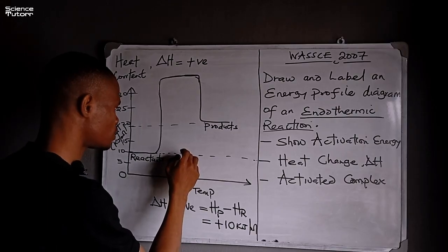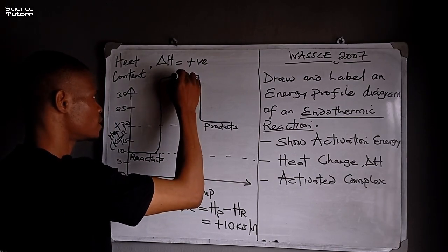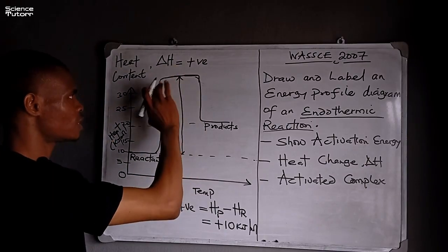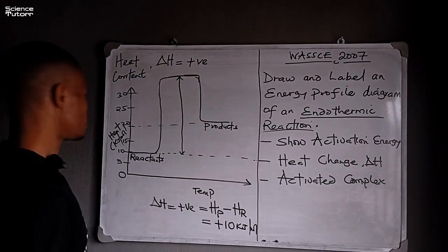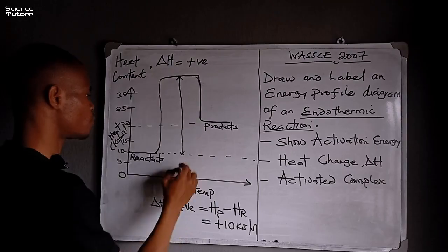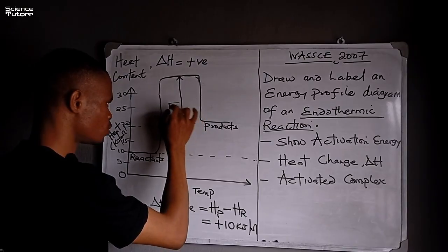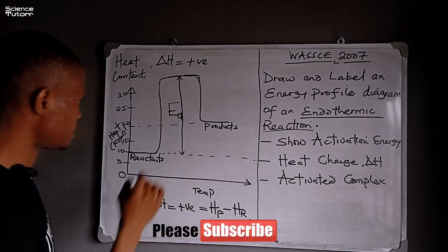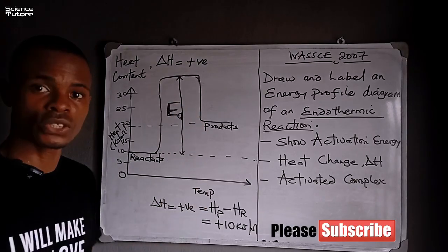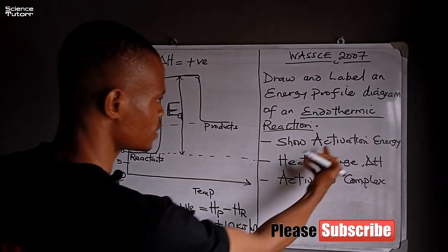So this barrier will be hit or exceeded for activation energy to hold. In this case, from reactant to the top is our activation energy, which we represent as EA. So this represents the activation energy required for a chemical reaction to take place. So EA is our activation energy.